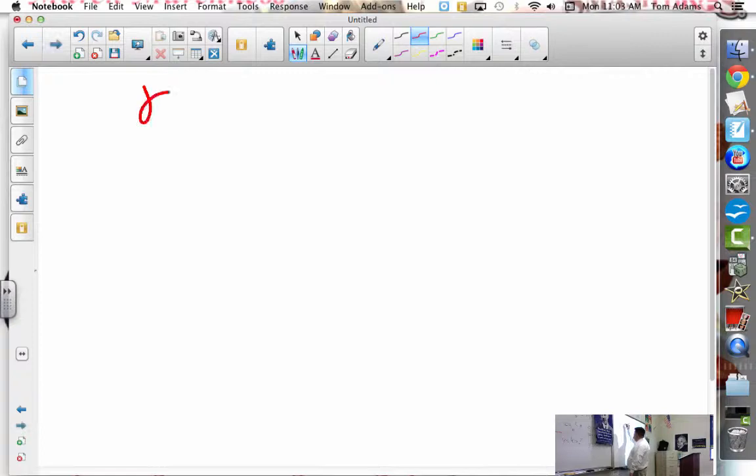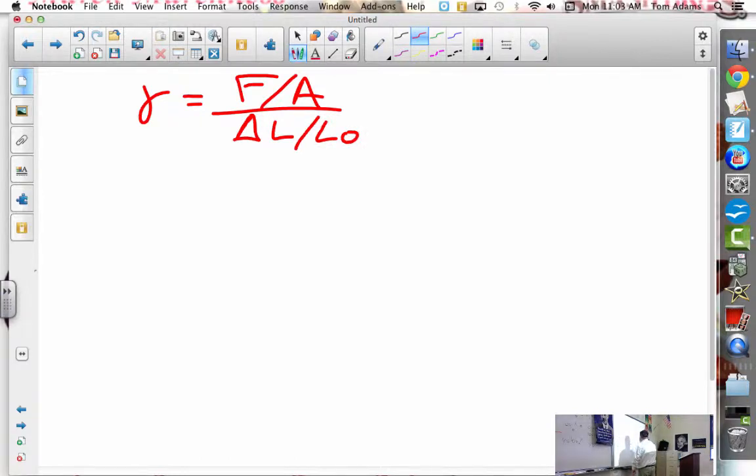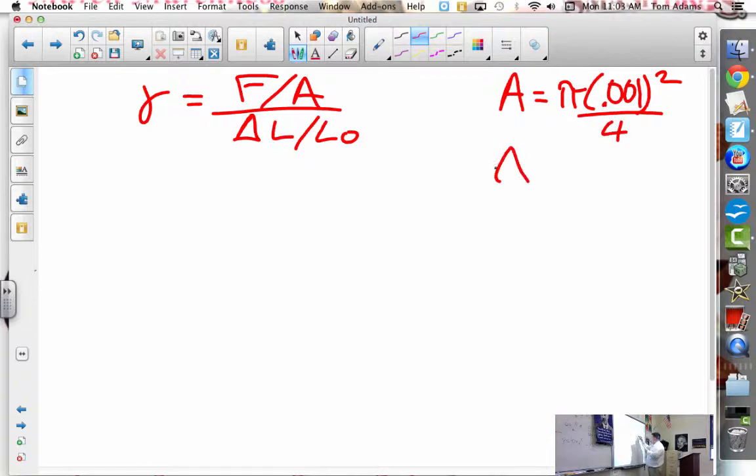So remember, this is what we're starting with, delta. So now what I want is I have to find the area. I said that would be pi times the diameter, which is 0.001, and I have to square that over 4.